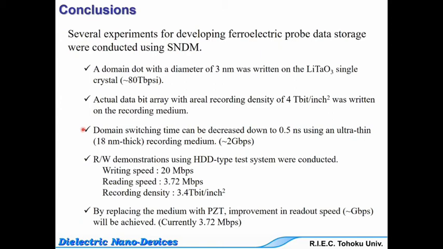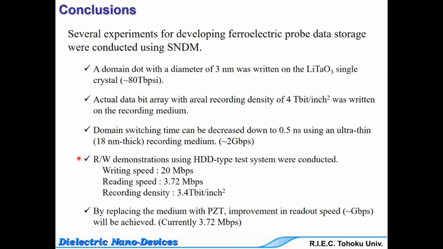Also, domain switching time can be decreased down to 0.5 nanosecond using an ultra-thin 80 nanometer thick recording medium, and the corresponding writing speed is 2 gigabit per second.